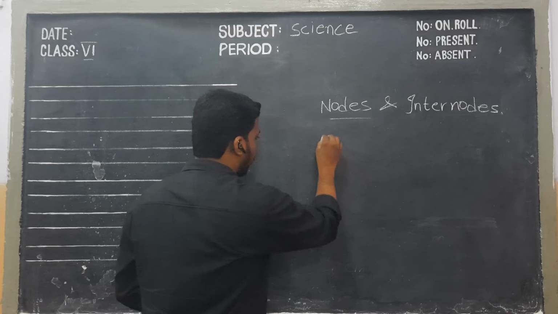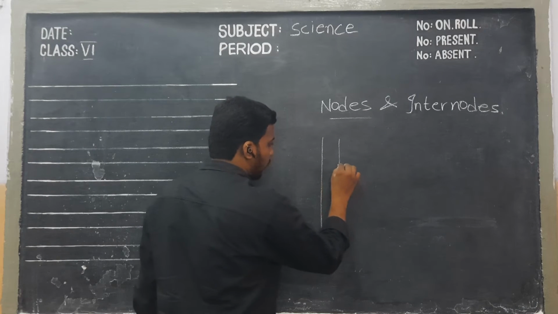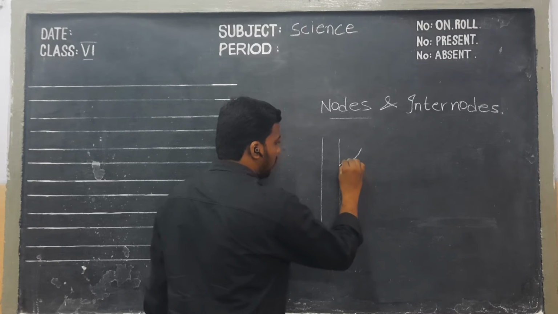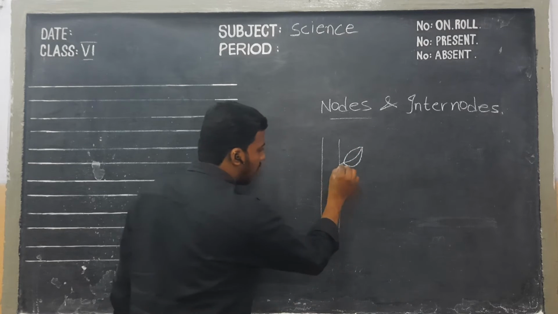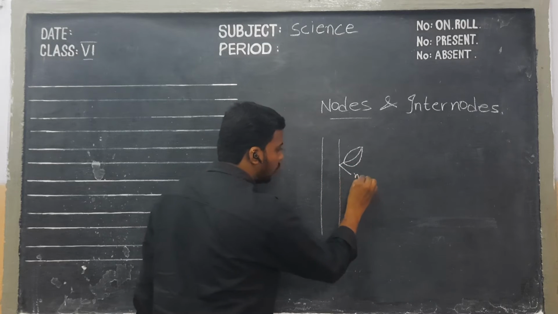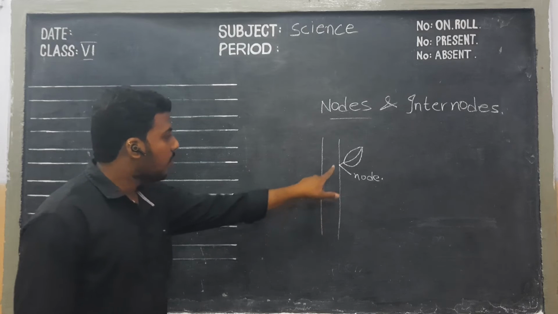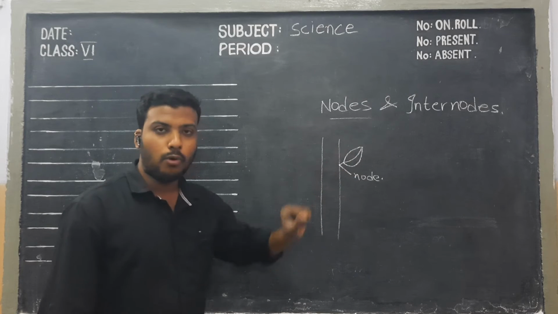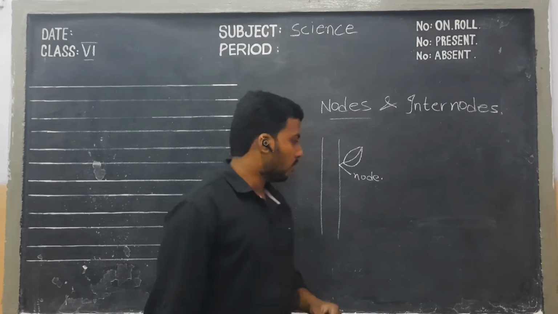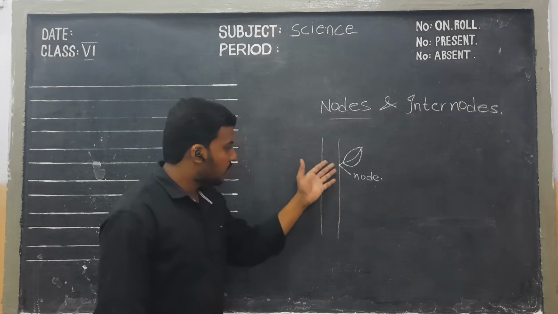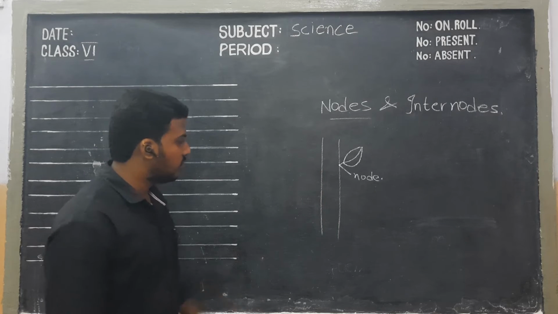If suppose this is a stem and from this part one leaf is growing, this part is called a node. Then what are internodes? The successive length between two leaves of a stem is known as an internode.